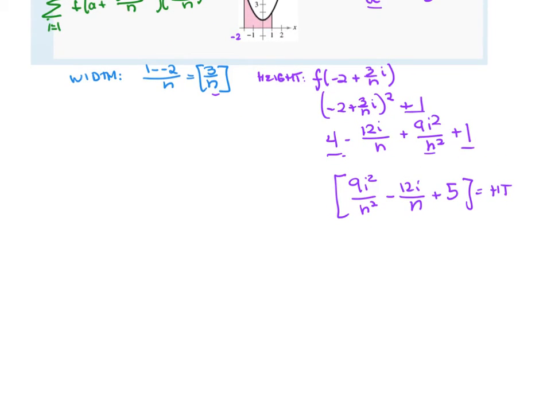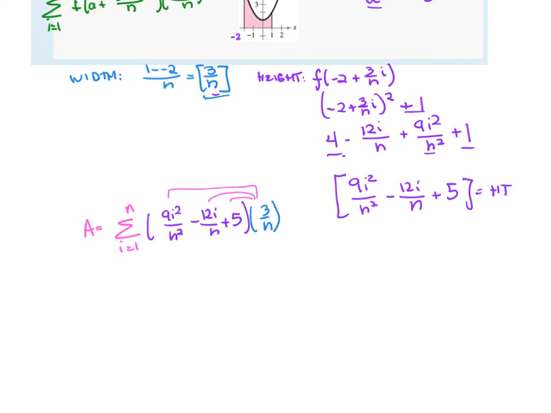So now to find the area, let's plug it in. So the area equals the sum from 1 to n of the height, which is 9i squared over n squared minus 12i over n plus 5, times the width, which is 3 over n. So what I'm going to do in this case is go ahead and distribute all the way through.